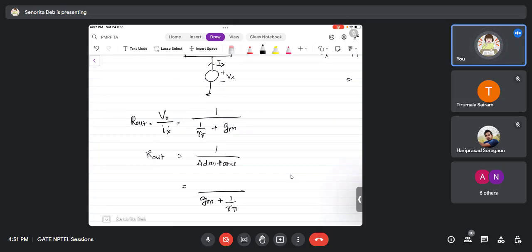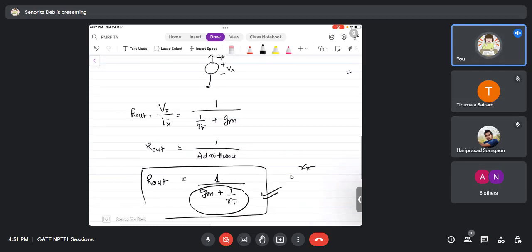This entire thing is admittance, and 1 upon that will be resistance. Normally what you will find in books is this term. You won't find R pi by 1 plus beta everywhere. This is also correct, it is the same thing, but mostly you see this term: 1 upon Gm plus 1 by R pi.